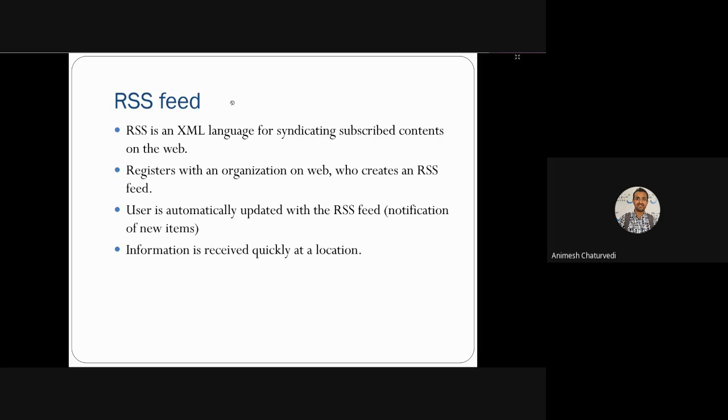Then the information is received quickly at a particular single location, so that you can have a mashup along with the RSS feed. This is what you can create at the same location.